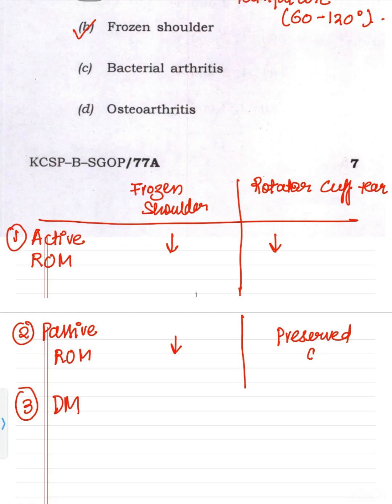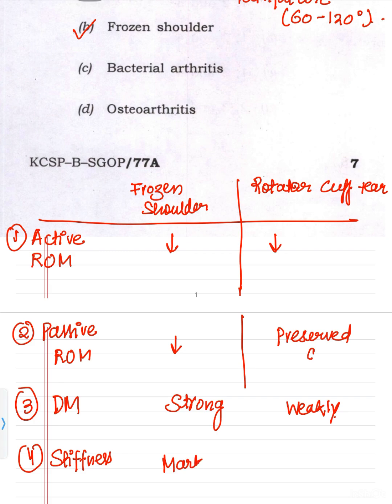Frozen shoulder is associated strongly with diabetes, while rotator cuff tear is weakly. Then stiffness. Stiffness is marked in frozen shoulder. It is not prominent in rotator cuff tear.